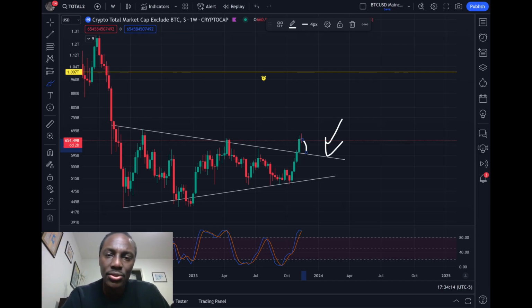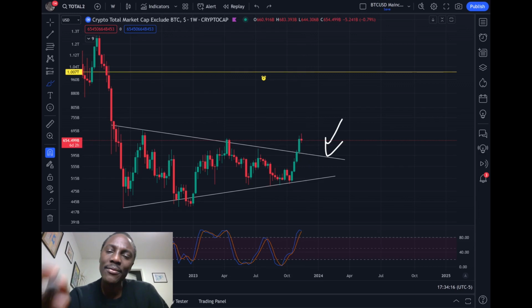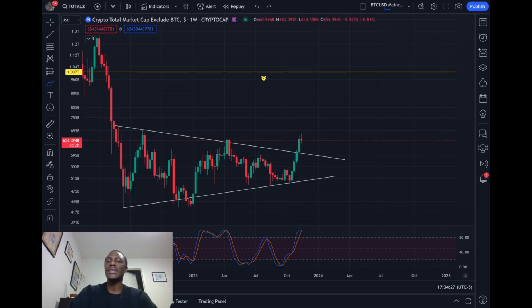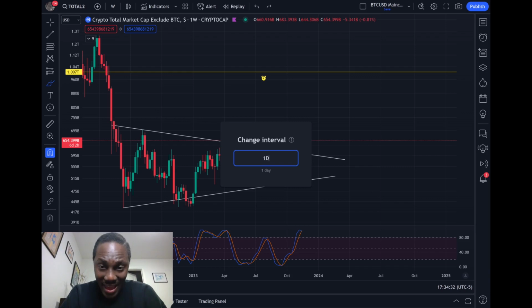Now, we haven't really done this on a high time frame. And does that mean that we don't go to $1 trillion and do it again? I still think we do it again once we get to $1 trillion, but it's going to be retested probably on a small time frame and on a large time frame.